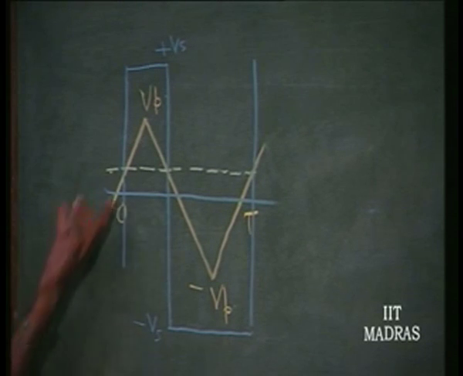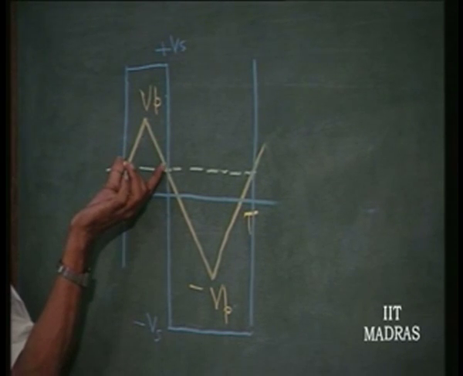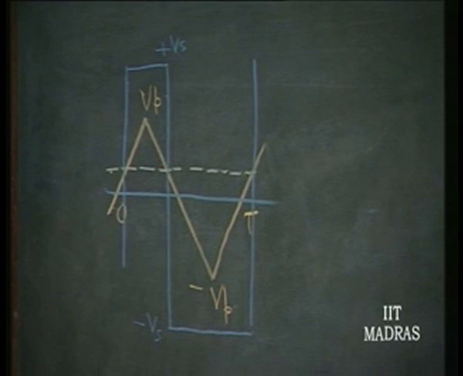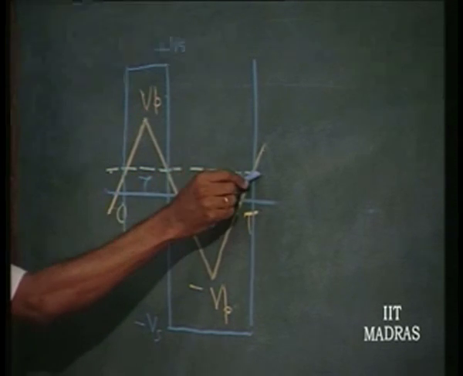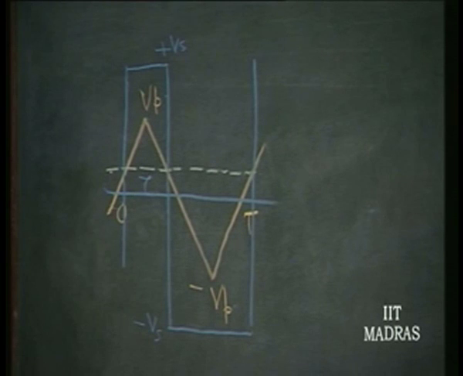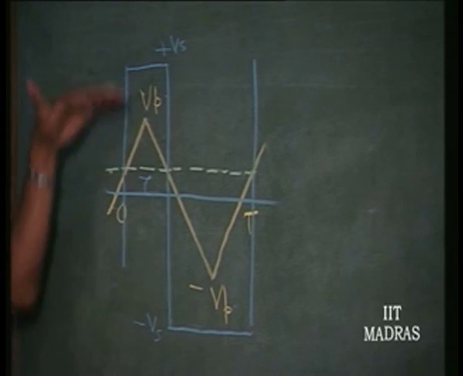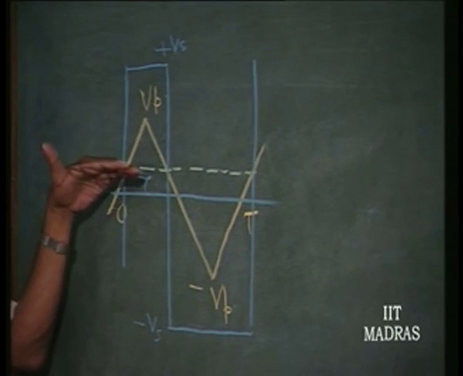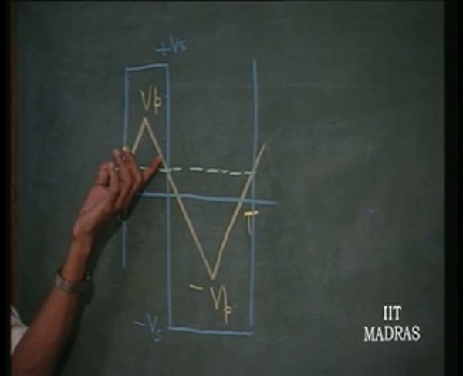So, this is the duty cycle, let us suppose, tau. So, what will this be then? T minus tau.